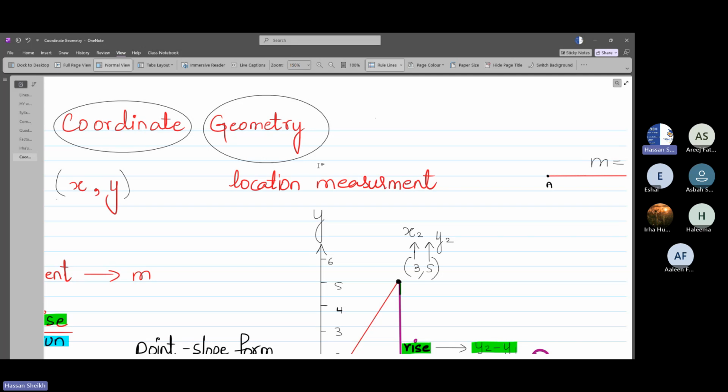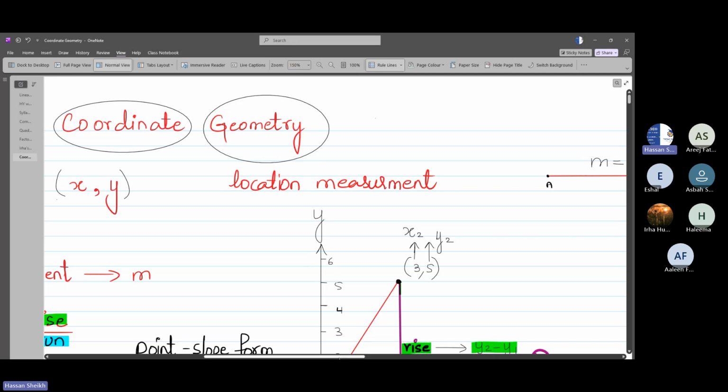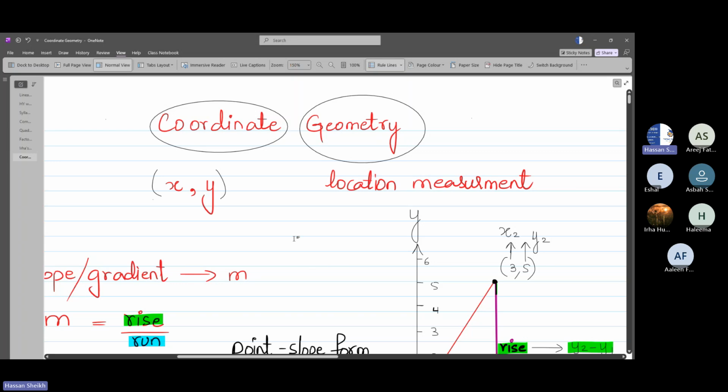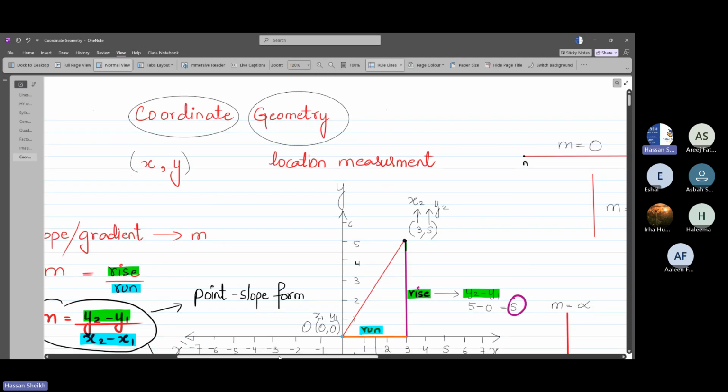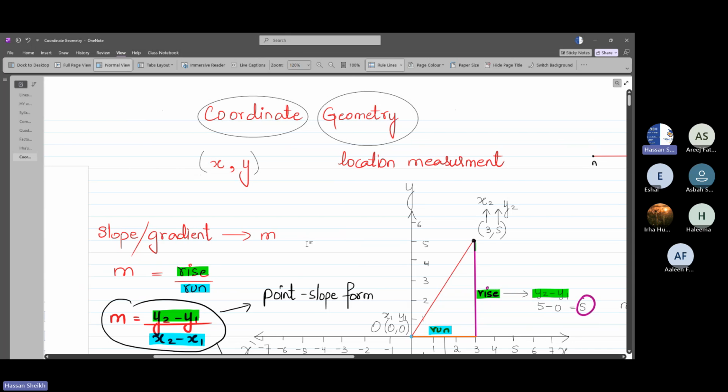Google Maps work on the principle of coordinate geometry. The entire globe is a kind of graph where we locate different points, different cities, cafeterias. When you use Google Maps to locate any position, the fundamental of that map uses coordinate geometry. So we have x and y coordinates.